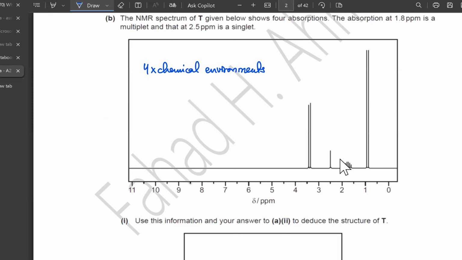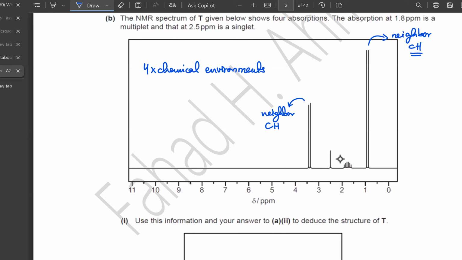But the splitting pattern is given, so I know the neighbor of each one. If it's a doublet, that means the neighbor has one H, right? Is that clear? This one is a doublet as well, so the neighbor has one H, so it must be CH.